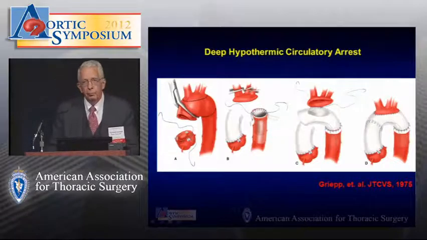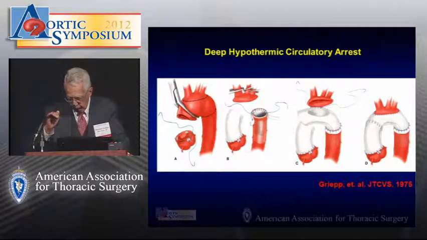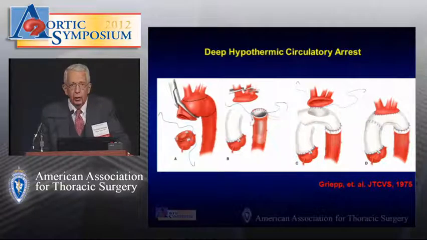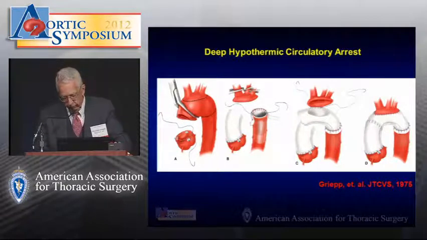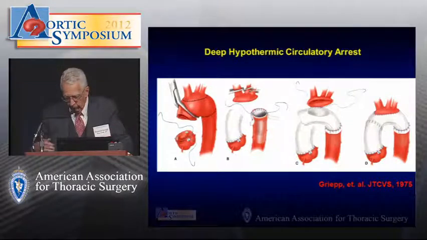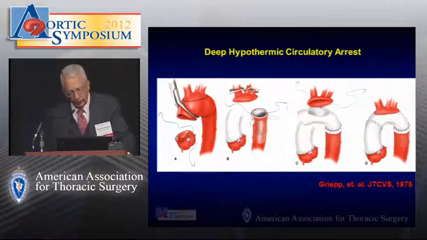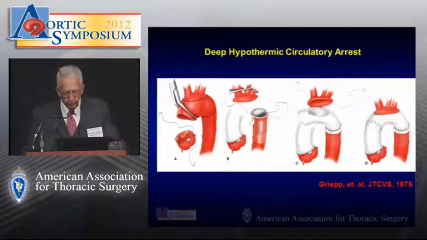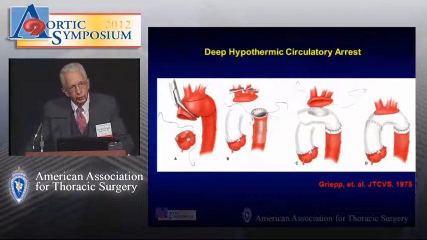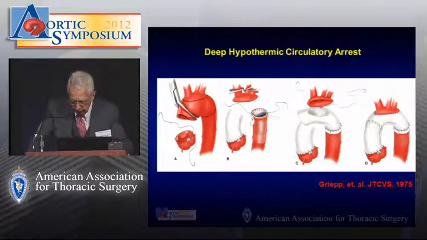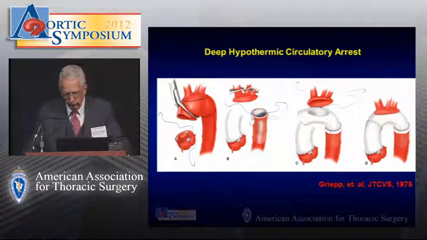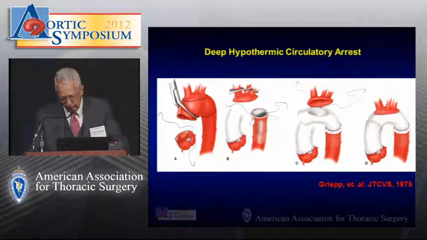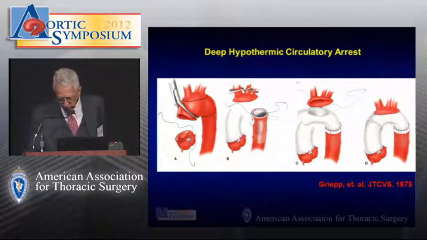Now, deep hypothermic circulatory arrest is a strategy for operating on patients who had difficult areas of the circulation to access. It was probably conceptualized by Bigelow back in 1950 or so, and was actually applied by F. John Lewis in 1952 and 53 in Minnesota, and then by Drew, who really introduced it into widespread pediatric use in about 1960.